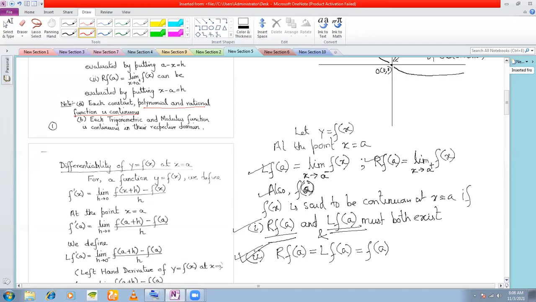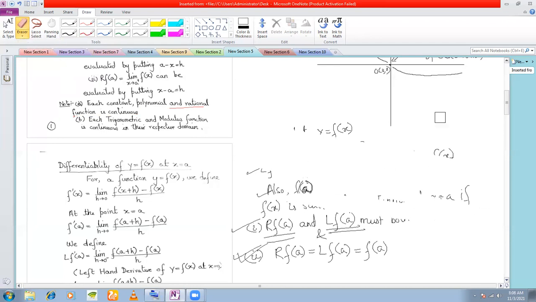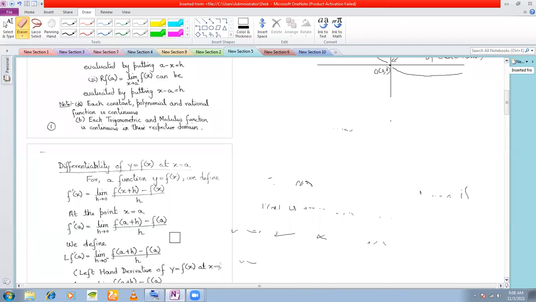And rational functions will be continuous for every real number except where the denominator is equal to 0. So this is about continuity. Let's do some sums on continuity, then we'll move on to differentiability.